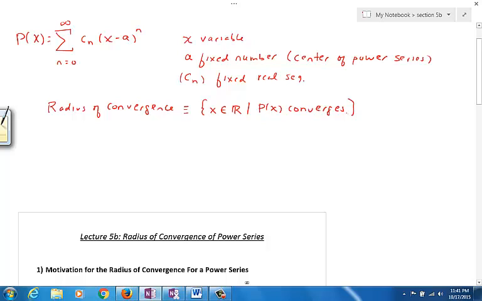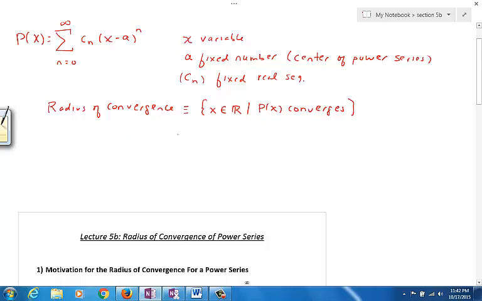Okay, and we made this observation that if we have a given value that's a certain distance from A and the power series converges for that value, all the other values closer to A are also going to converge too. Okay, so this is kind of an important point.